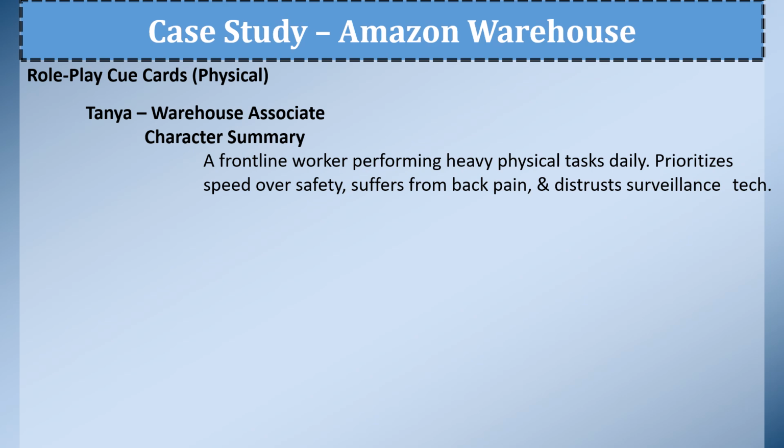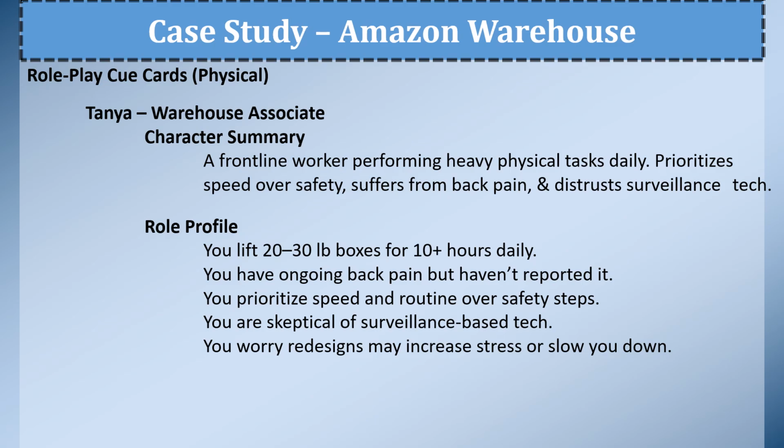Her goal is to remove lifting entirely, not just improve it. Role profile, we already discussed it. Physical execution builds daily efficiency, feels like survival. Alerts and sensors create anxiety, not support. The solution must feel invisible, not controlling. Trust breaks the movement, and productivity drops due to tech.